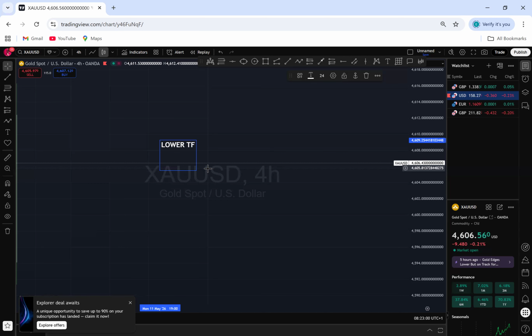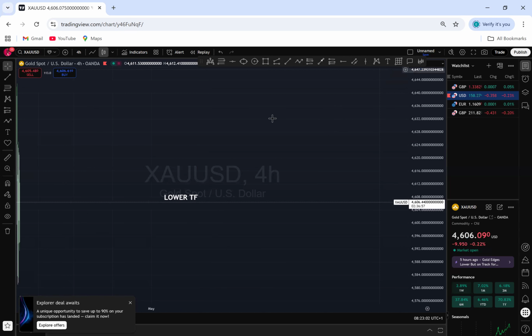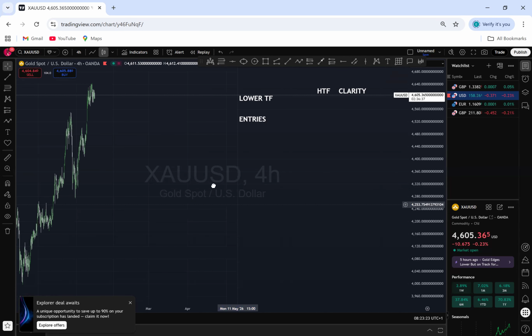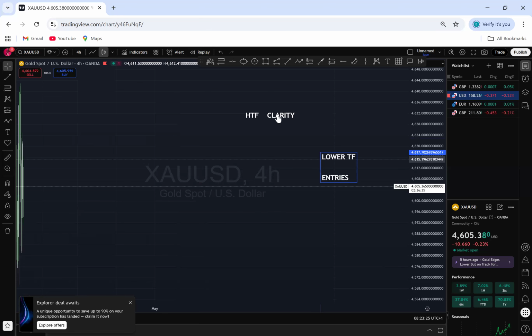Now, here's the thing. Your higher time frame gives you clarity. I've always said this. Your lower time frame gives you entries. You don't want to be looking for clarity from your lower time frame.